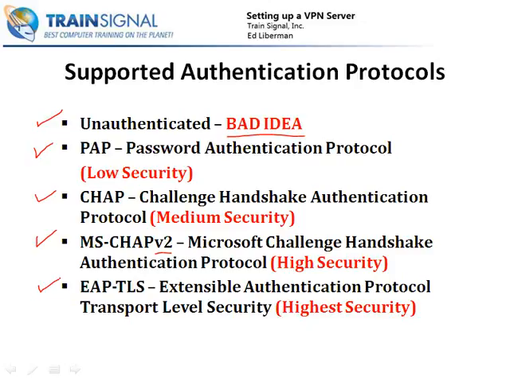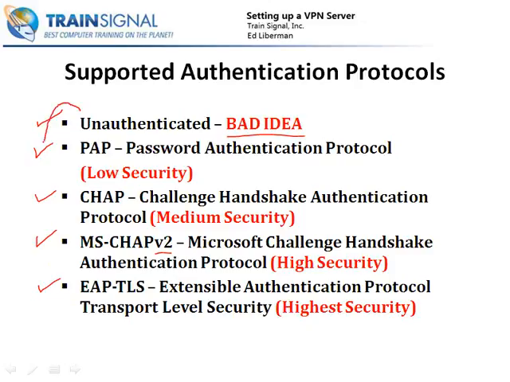So anyway, Windows Server 2008 VPN servers can support pretty much any common authentication protocol that we have out there, ranging all the way from we'll let anybody in to the absolute security with a token or a smart card. Now, the other thing I will tell you, and I'll show you this when we get to the interface, is these are checkboxes basically.